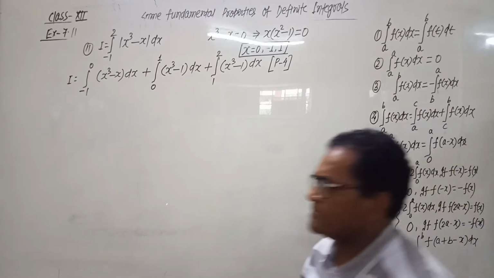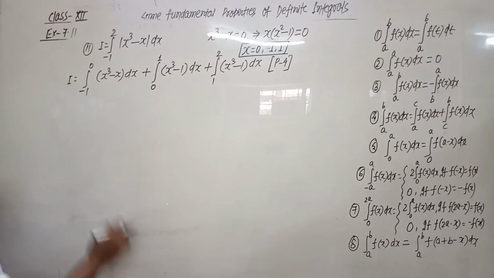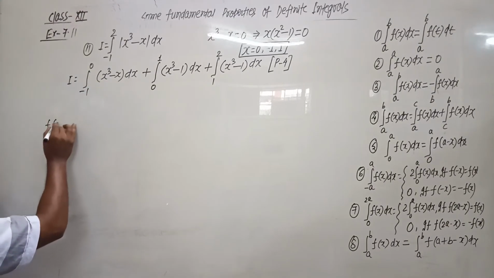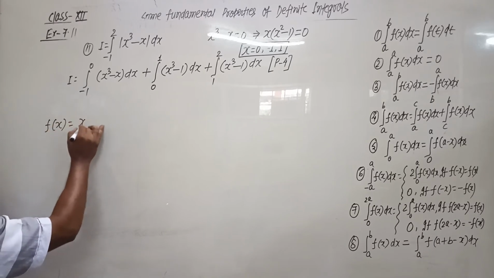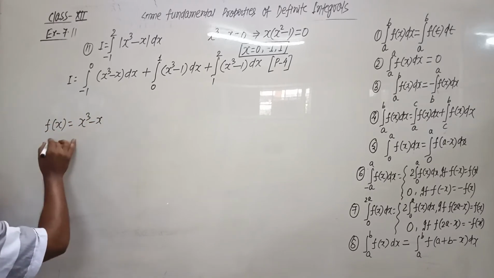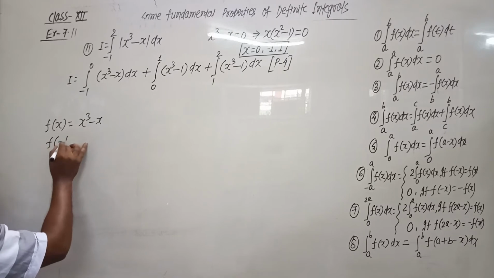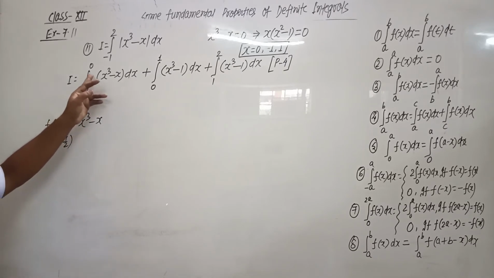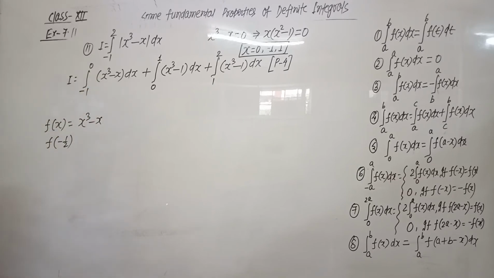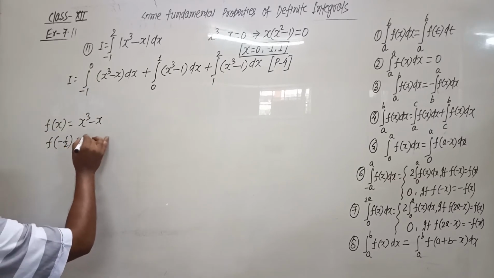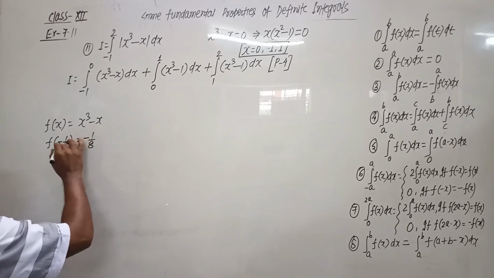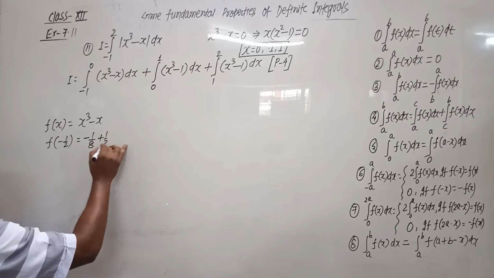So we can take -1/2 and put it in the function x³ - x. Because -1/2 lies between -1 and 0, it becomes (-1/2)³, meaning -1/8, minus (-1/2), plus 1/2.